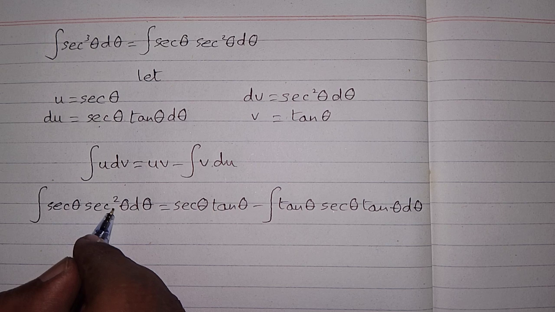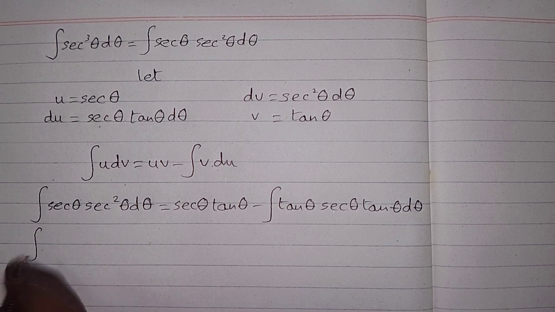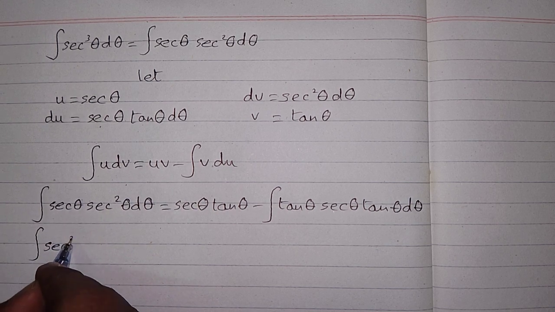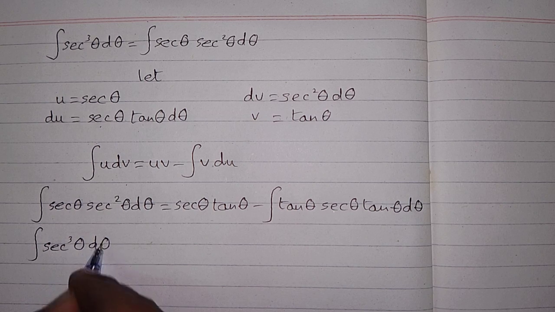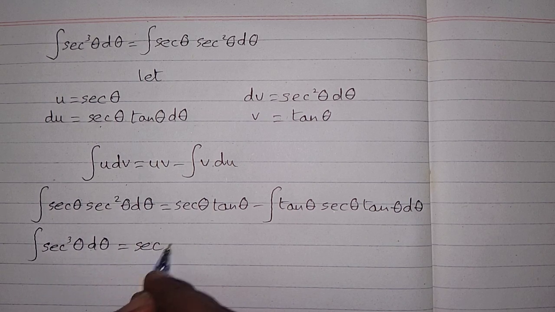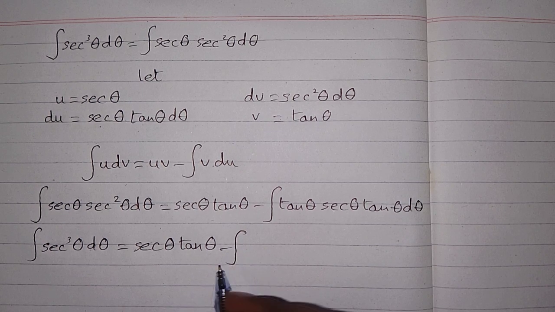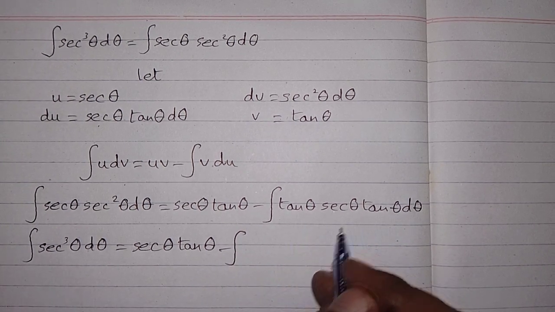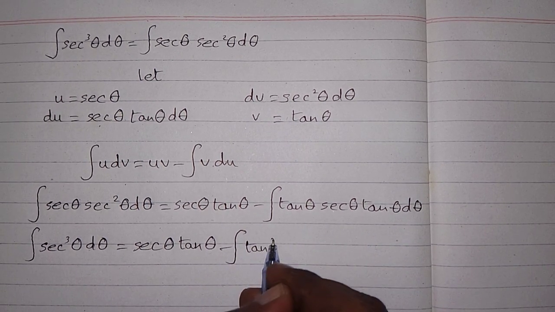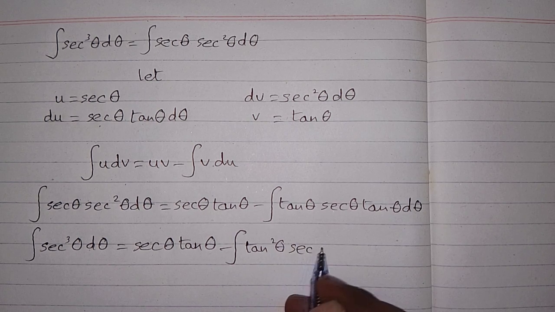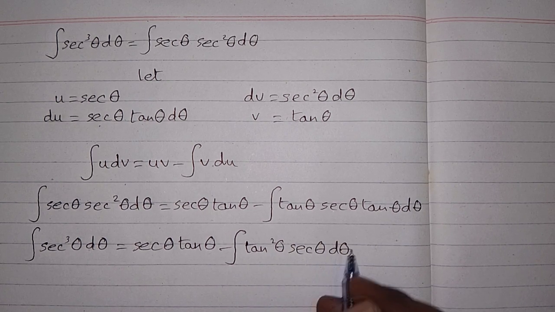Now sec theta multiplied by sec square theta is equal to sec cube theta d theta is equal to sec theta tan theta minus integral of tan multiplied by tan is tan square theta sec theta d theta.